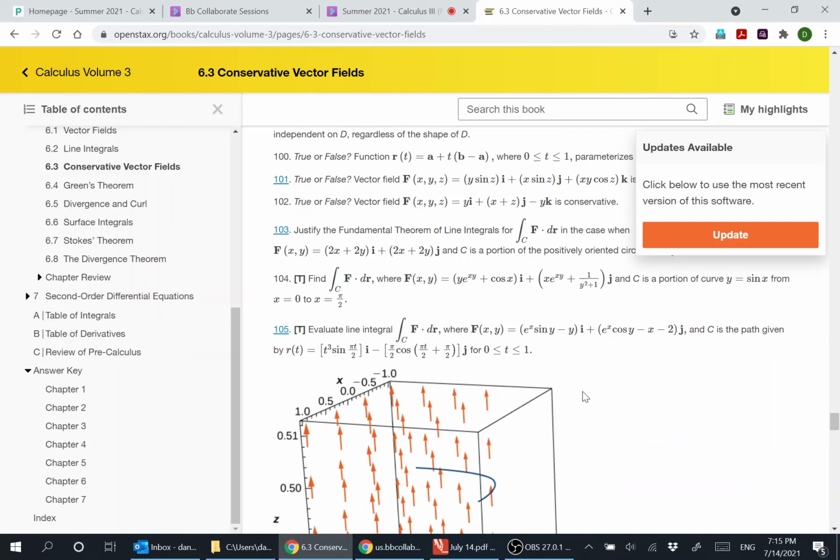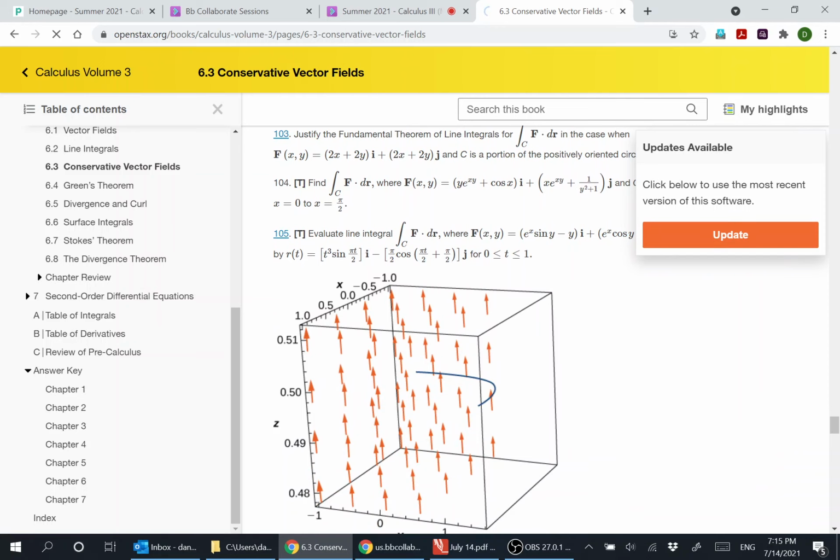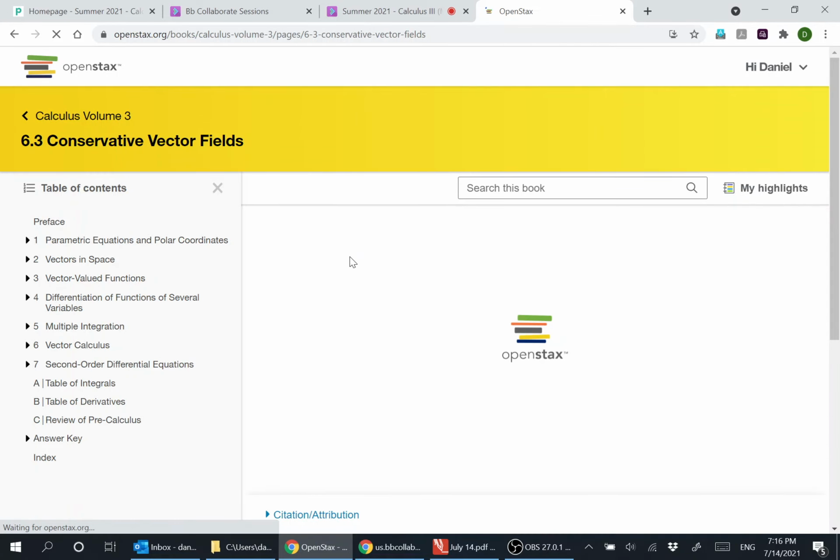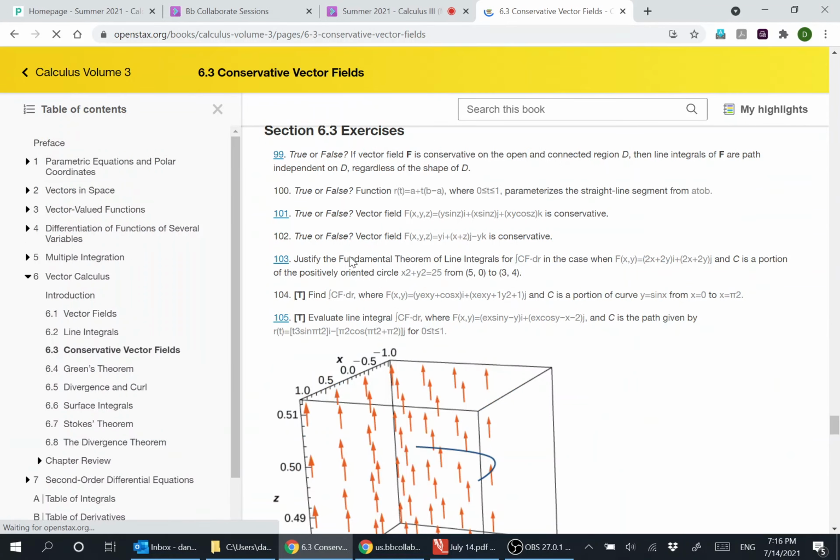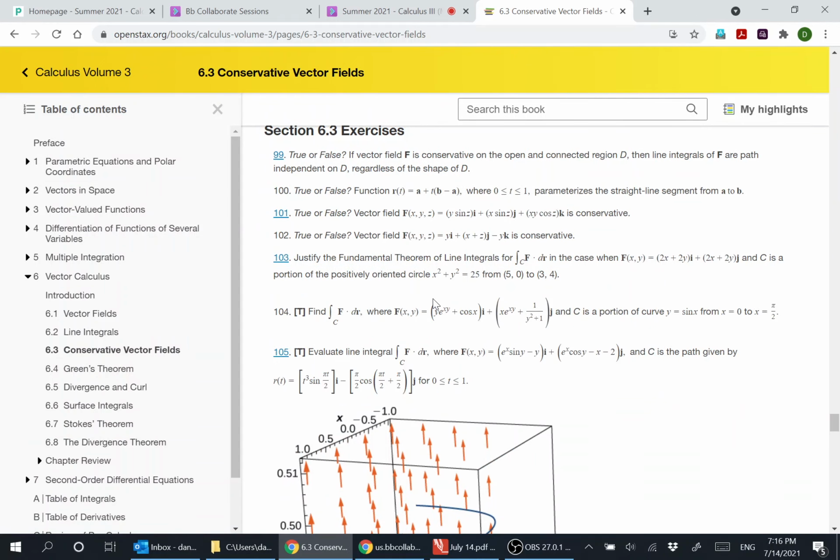Seriously, what the heck? Evaluate that line integral F dot dr, where F is this, and C is the path from here to there for t from 0 to 1. I mean, it's going to take me forever just to copy that down, but I wish this would go away. There we go. It looks worse suddenly.